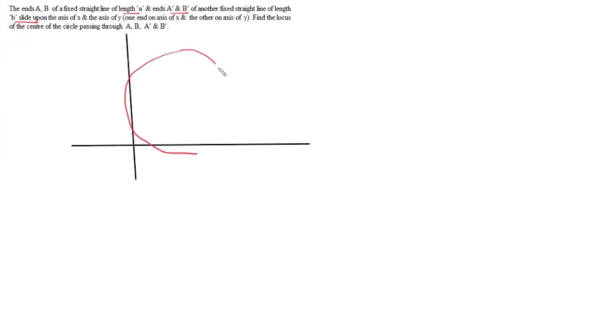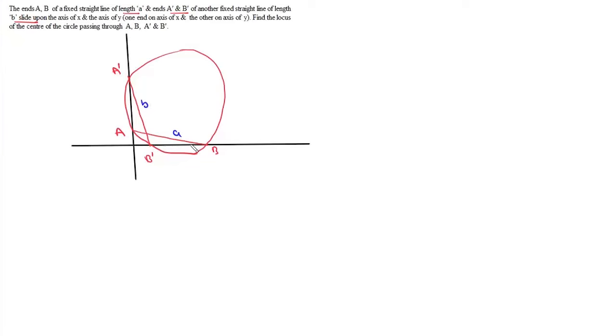One of the rods is AB and another one is A dash B dash. Now length of AB is a and length of A dash B dash is b. We have to find locus of center of this circle.